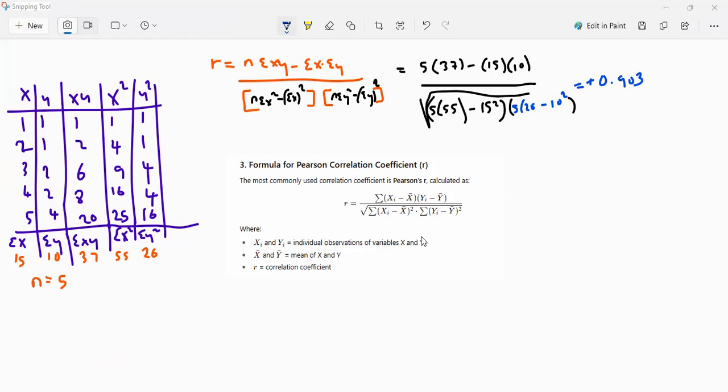All right. Then what did I say was the slope? The slope is half formula of R. Before I go to slope, R is for the direction, then R squared is for the strength. So just multiply this answer, we power it to 2. 0.903 squared. When we square it, we're going to get what? 0.816.